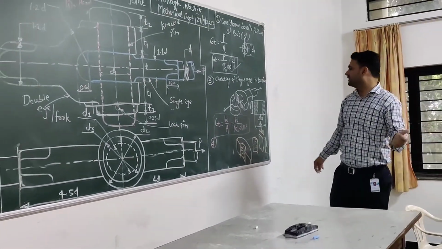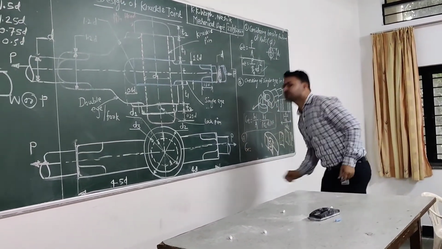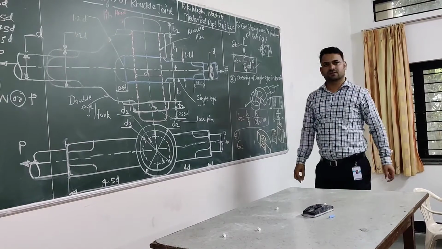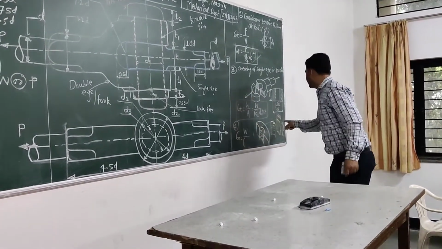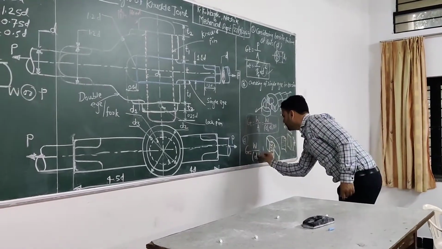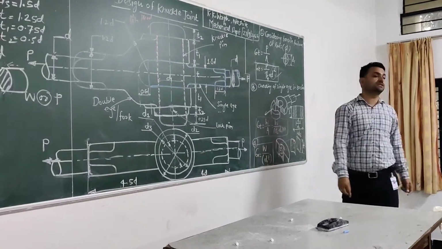Area of failure, by considering crushing failure, so sigma c is equal to W divided by area, and area is equal to d1 into t. So this is the crushing failure that we are going to consider.